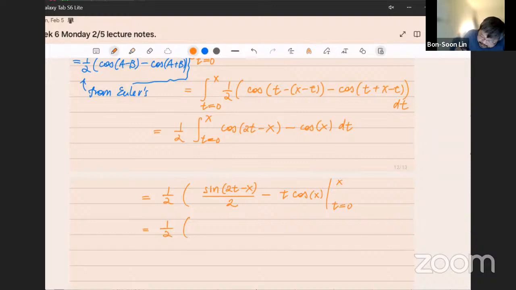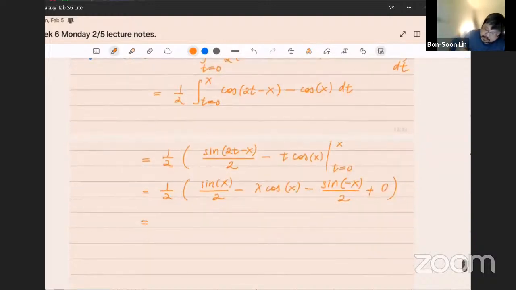Compute. Plug in x, we get sine of x over 2 here, minus x cosine of x. Plug in t equal to 0, we get minus sine of minus x divided by 2, minus, plus t equal to 0, that's 0. So you can check my work later. Sine of minus x is negative sine of x, with a double negative, that becomes plus.